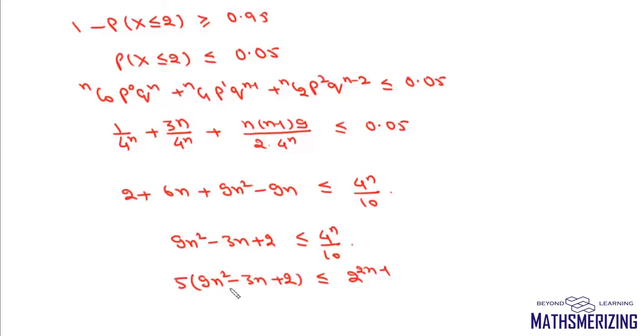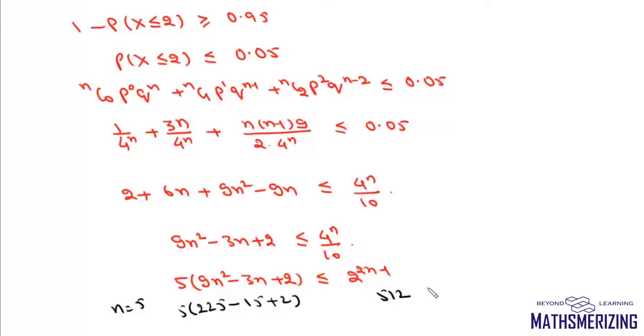Now if we put n as 5, here we'll get 2 to the power 9, and 2 to the power 9 is 512, and here this will be 25 into 9, 225 minus 15 plus 2. Now this value is again greater than 512.